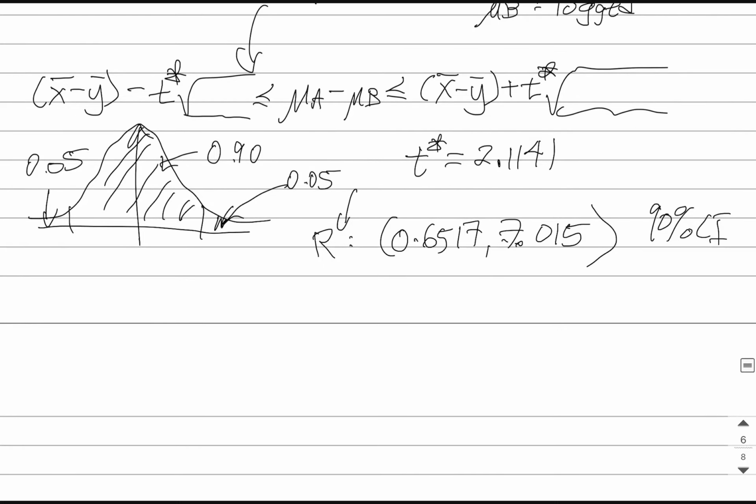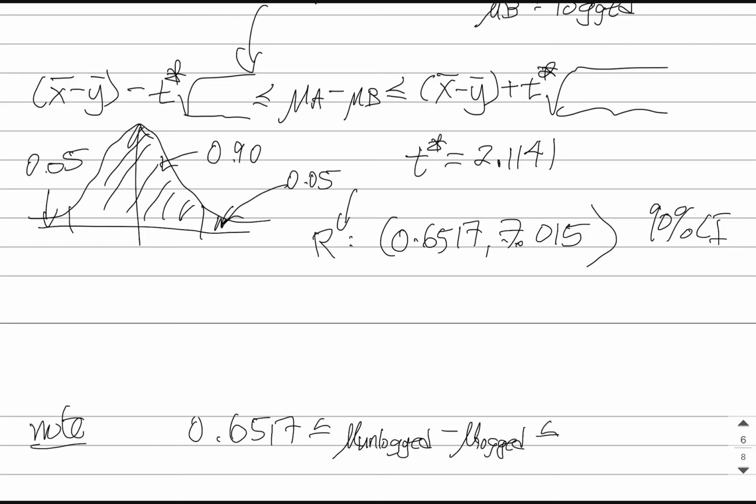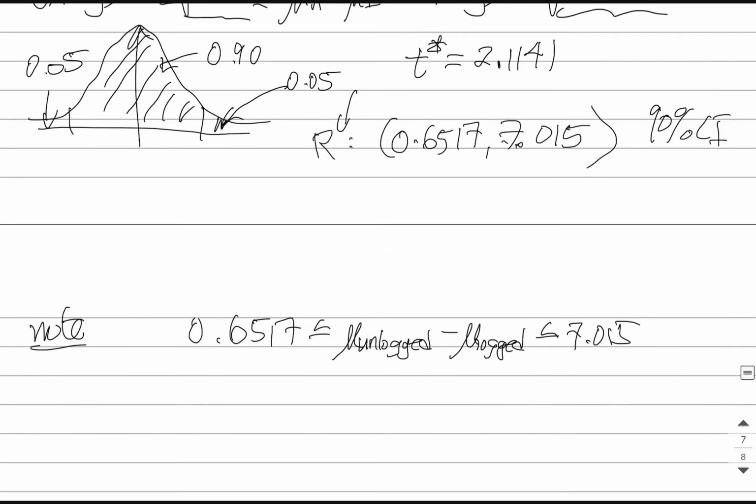Written another way, right? If I just explicitly write this out, we will have mu unlogged minus mu logged between 0.6517 and 7.015. What's important to notice here is that the confidence interval does not include 0.